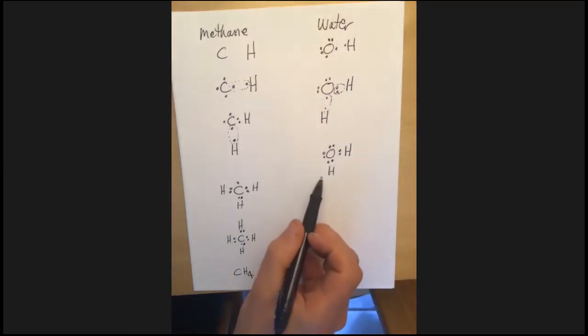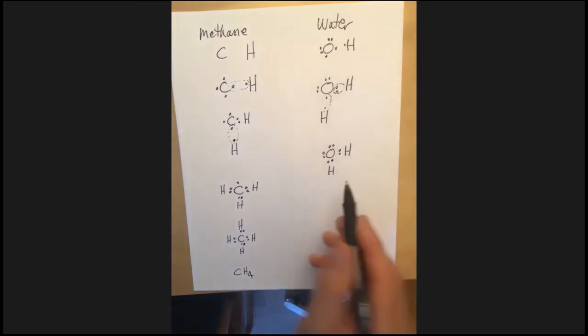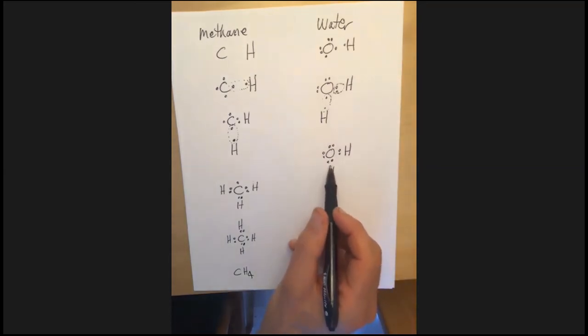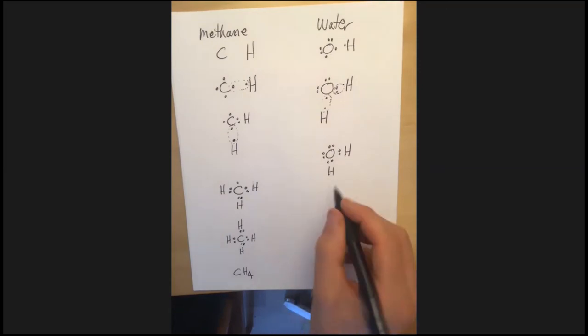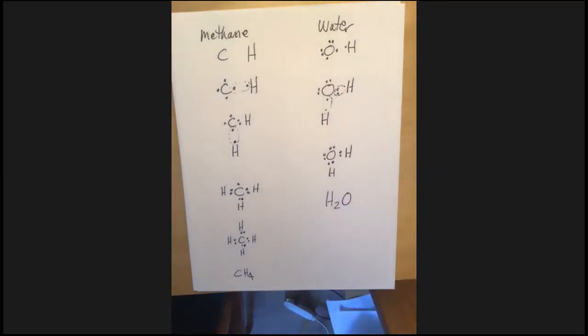And that tells me that when I make water from oxygen and hydrogen, I end up with 2 hydrogens and 1 oxygen, and I form H2O. What do you think? I think it all works out. That was good. Let's do one more.